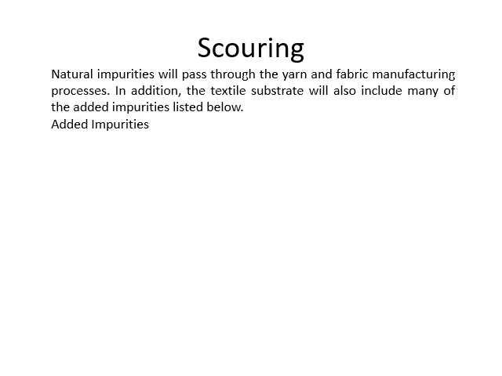Natural impurities will pass through the yarn and fabric manufacturing processes. In addition, the textile substrate will also include many added impurities, which are listed below. Fiber finishes: generally in man-made and synthetic fibers, these fiber finishes are used as a lubricant. Then tints: for identifying the various counts, some tints are added at the time of spinning.